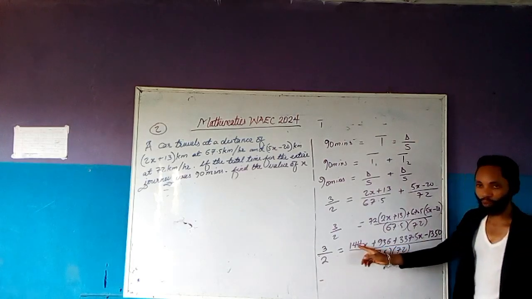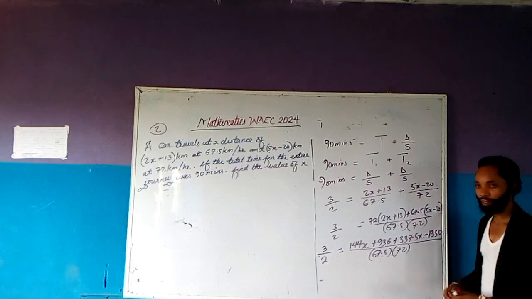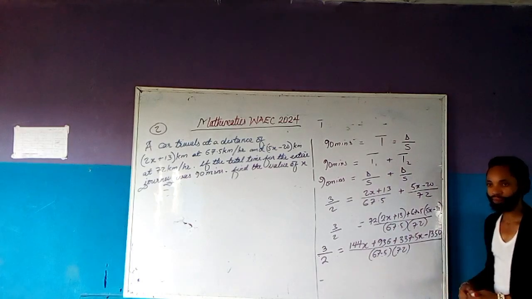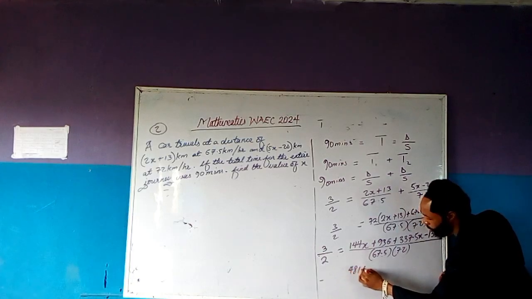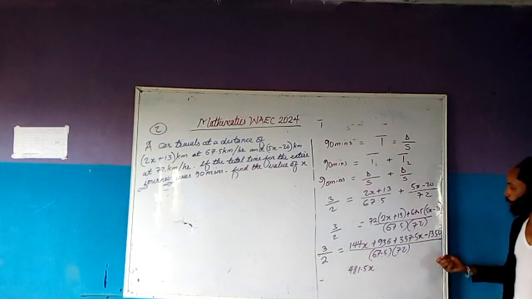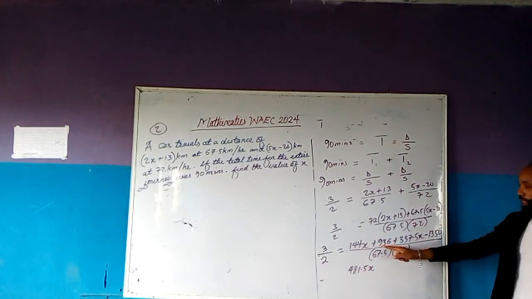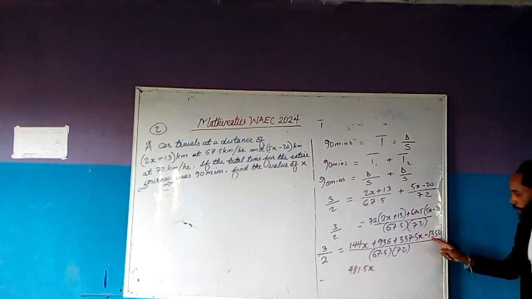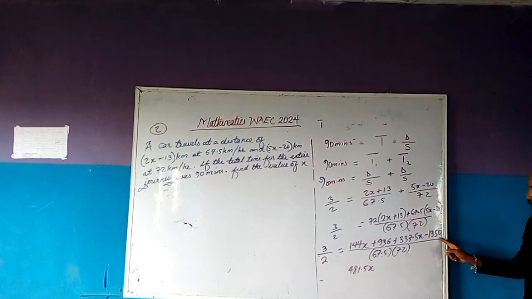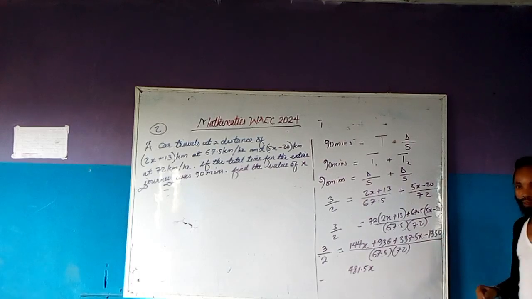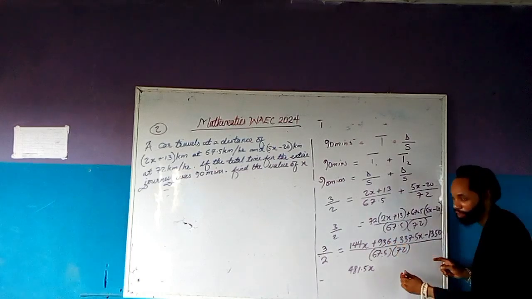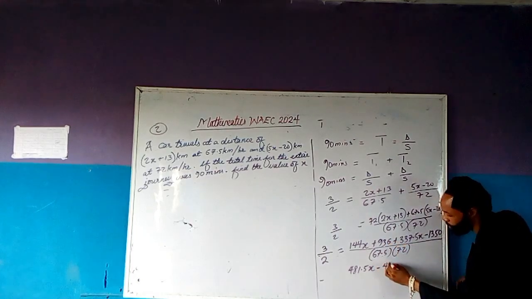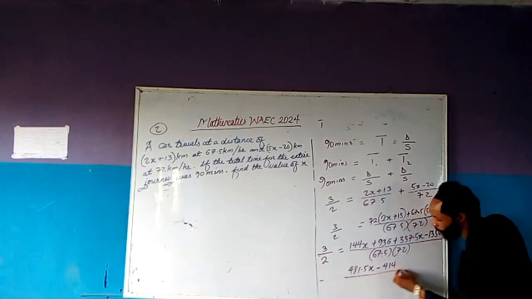Let's add this, punch your calculator. We have 481.5x. Then we collect the constants: 936 minus 1,350. What do we have there? 936 minus 1,350 is negative 414. This is what we have for the numerator.